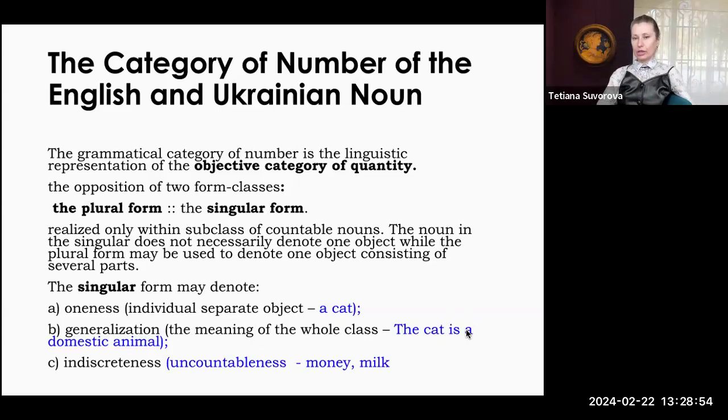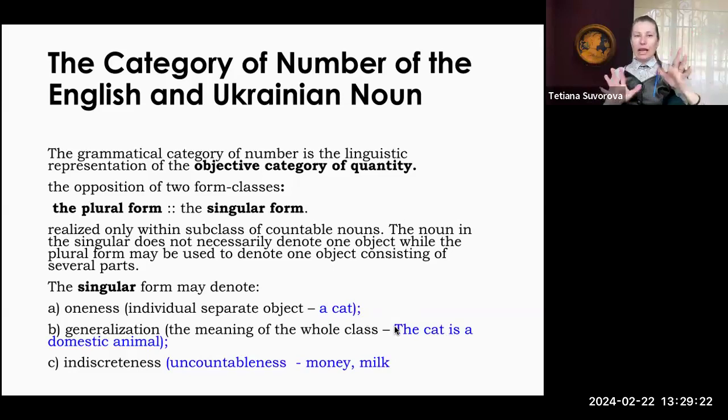Because when you learn rules from practical grammar, you learn that the English indefinite article has several meanings: the meaning of one, the meaning of any, the general meaning, and then you use the indefinite article. For example, a cat is a domestic animal. It means any cat is a domestic animal.